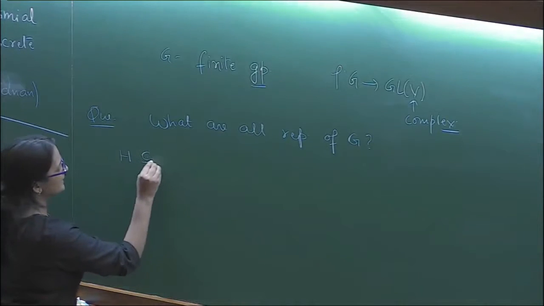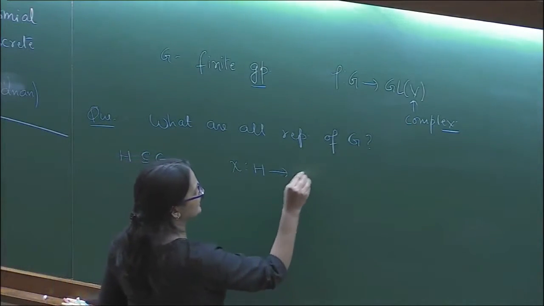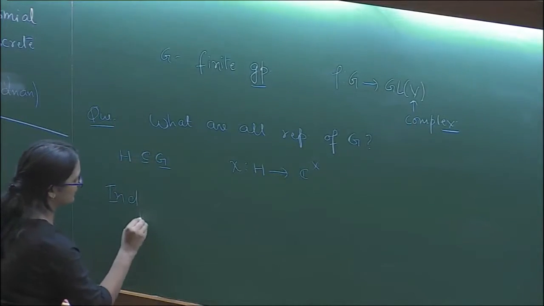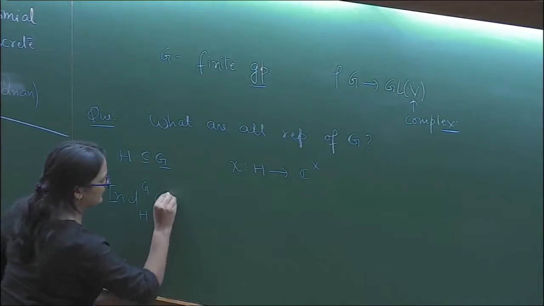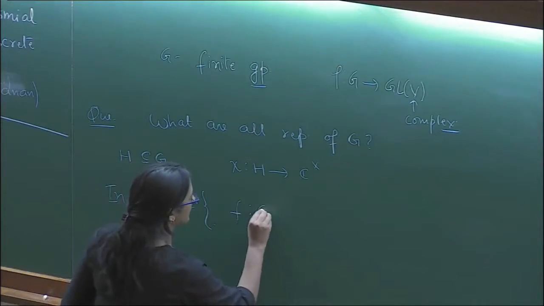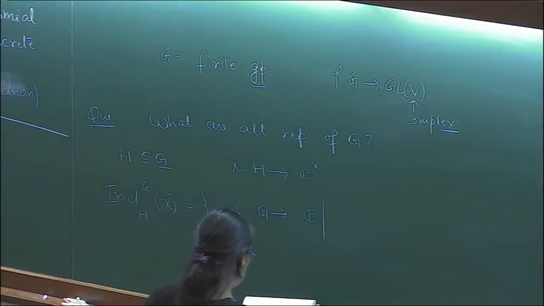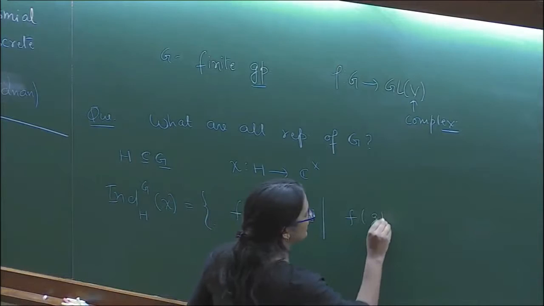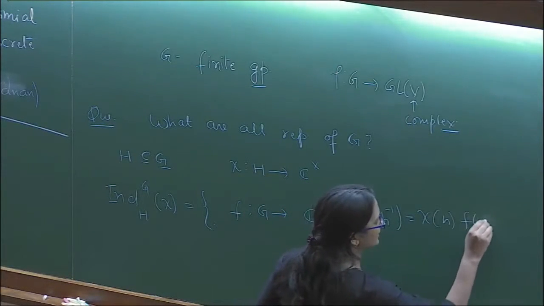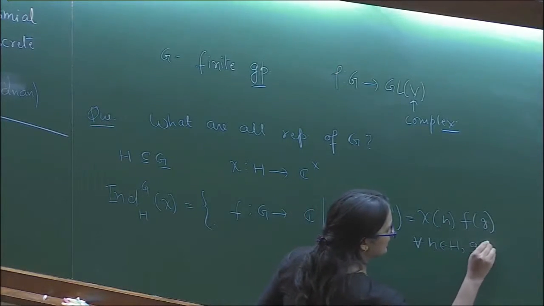Let's say H is a subgroup of G, and chi is a character of H. By induced representation, let me define it this way: the set of all functions from G to C such that f(gh^{-1}) equals chi(h) f(g) for all h in H, g in G.